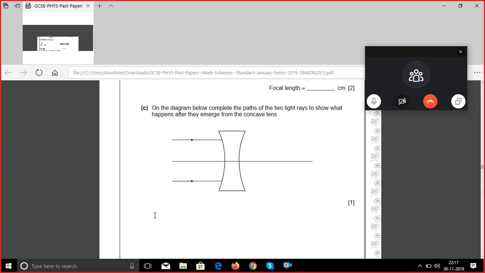A convex lens will converge the rays, so they all come together. A concave lens diverges them, so they all go apart from each other. Since it's a diverging lens, the rays move away from each other.